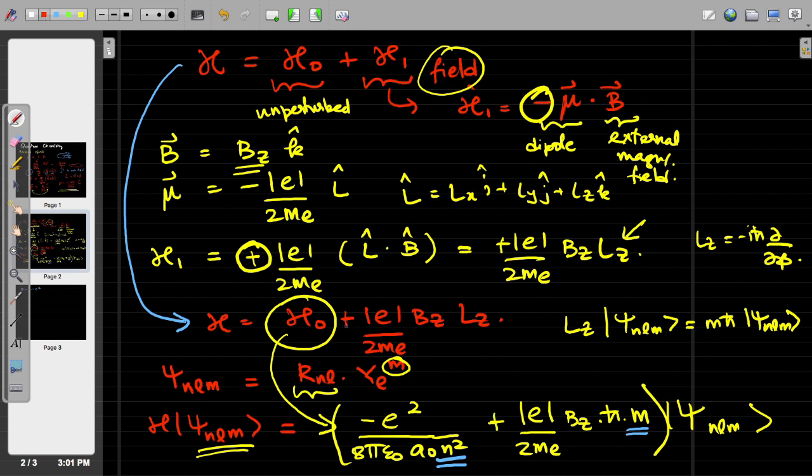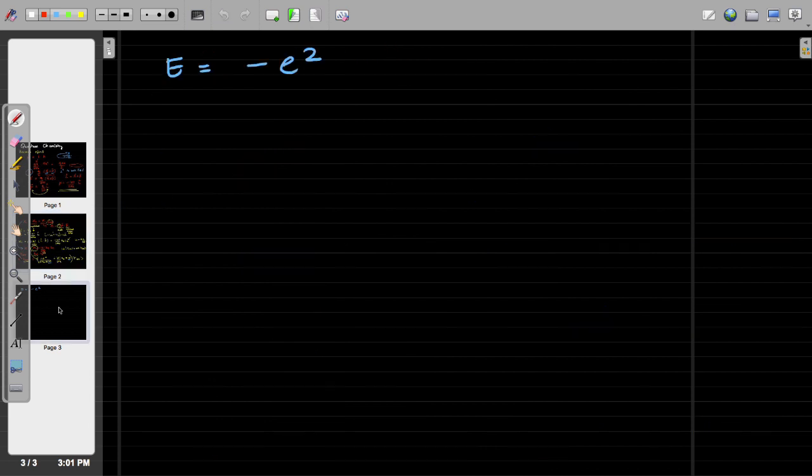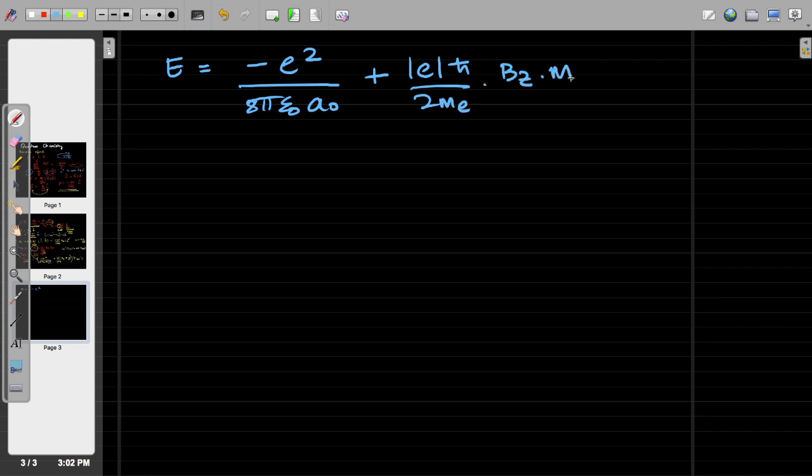Let me write it carefully: E equals minus e square over 8 pi epsilon naught a naught, plus mod e times h cross divided by 2me times Bz times the m quantum number.